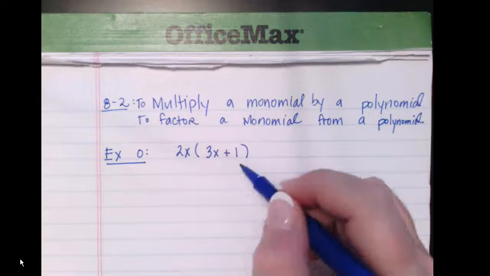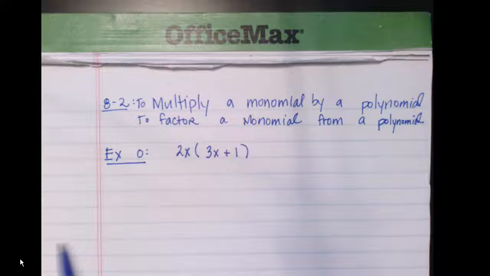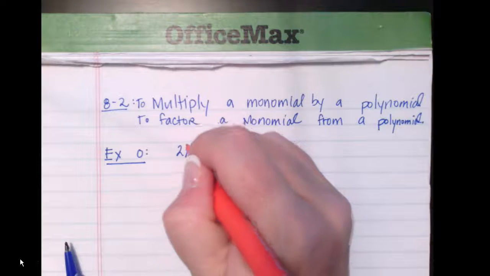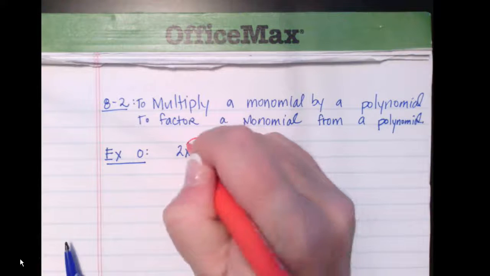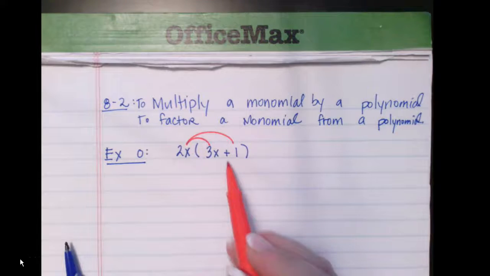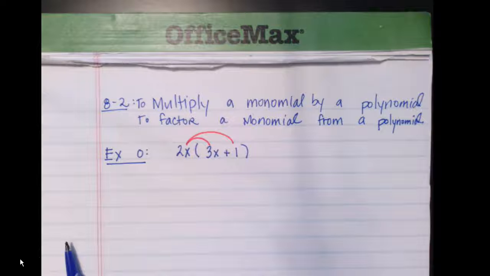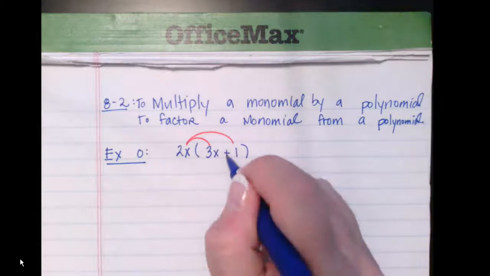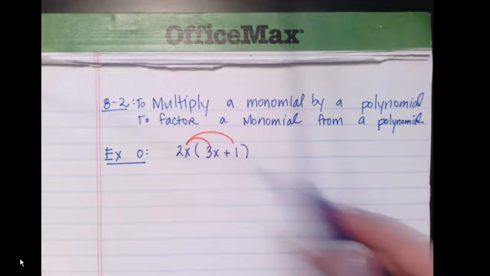So first of all is just as a distributive property problem, and I am going to want to multiply 2x times 3x and 2x times plus 1, and I can't leave out this plus. It has to come along for the ride so that I can separate my terms.